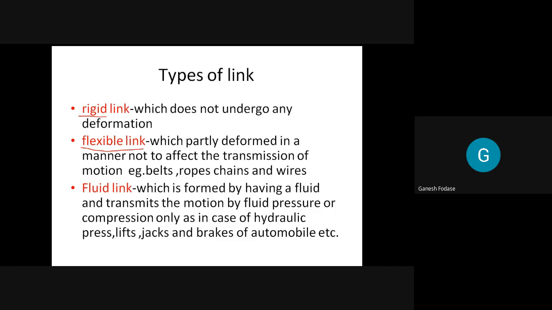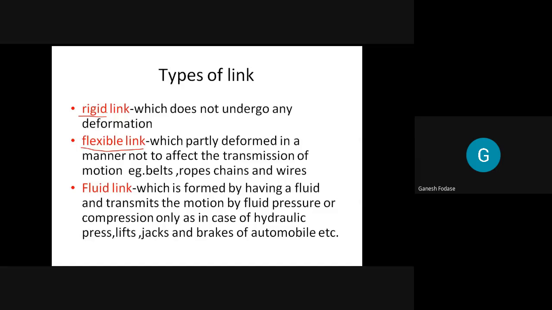They are flexible, but they will transmit the motion, and they will have relative motion with respect to others. Of course, they will act as resistant bodies to transmit force and motion. So a flexible link partly deforms in a manner not to affect the transmission of motion.